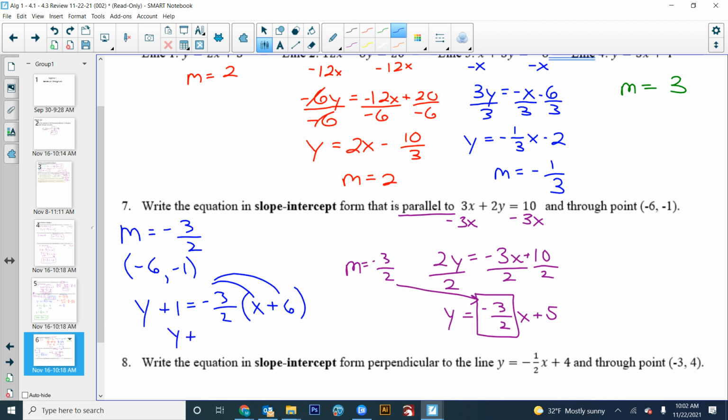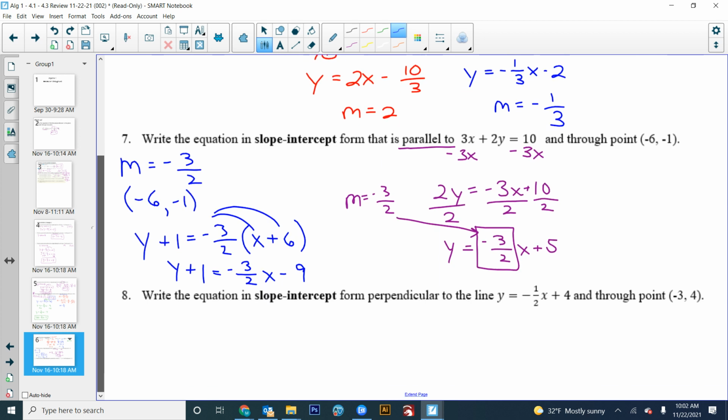Y plus 1. Now I'm going to put it in slope-intercept form. Y plus 1 equals negative 3/2 x. Now, negative 3/2 times 6 is negative 9, I believe. Negative 18/2, negative 9. So subtract 1 to get y by itself.